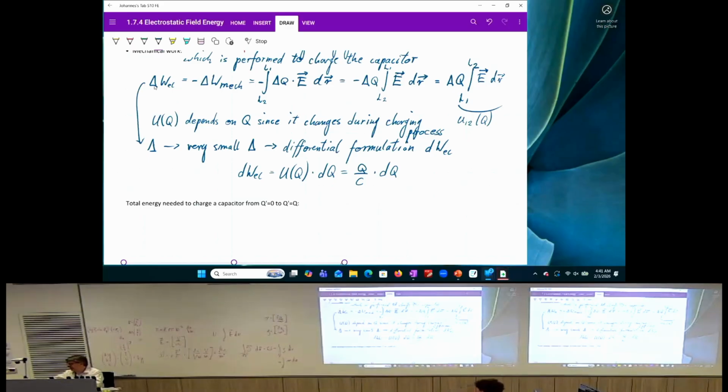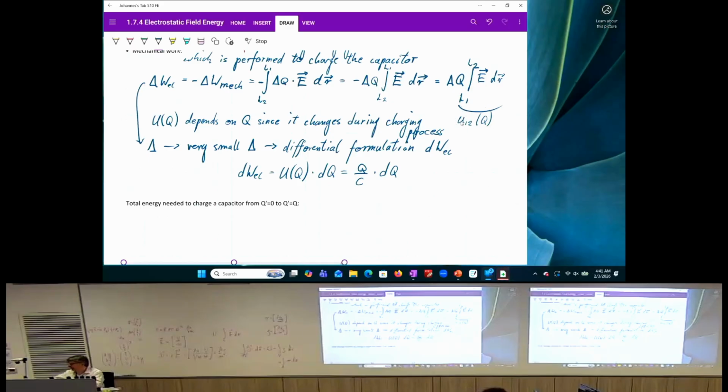And this amount of energy that we have to put in to transfer a small amount of charge depends on the force of the electric field and the path that we drag the charge through. But this integral over the electric field and the path is just absorbed into our voltage.